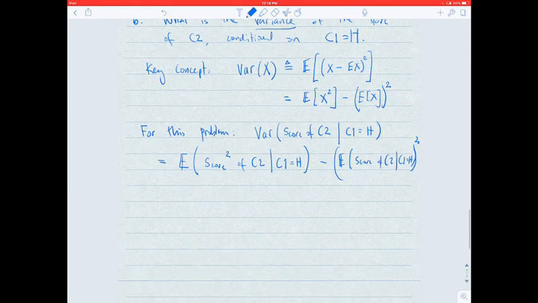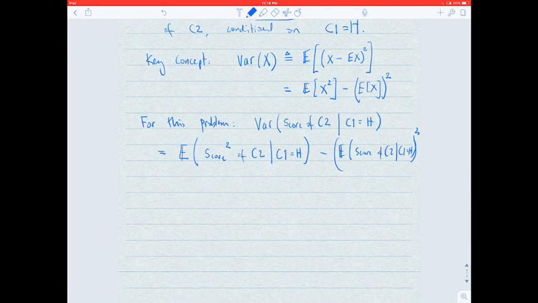So now we're happy because we've actually already computed this in the previous exercise. So we know this inner thing is 1/2, so therefore this value here is 1/2 squared.